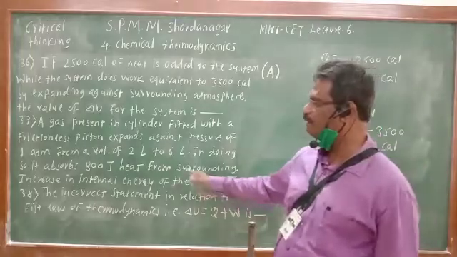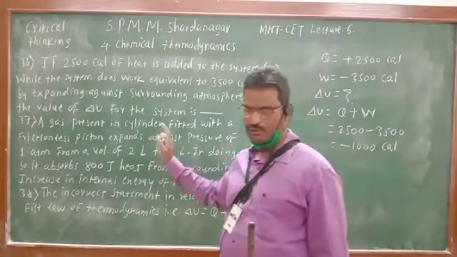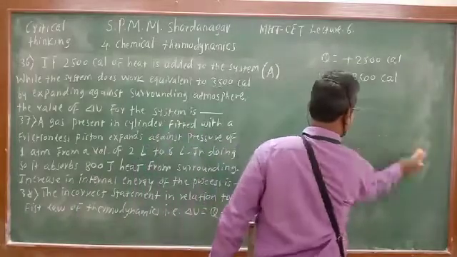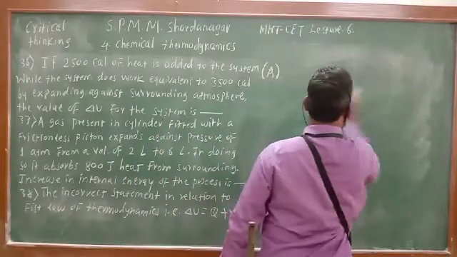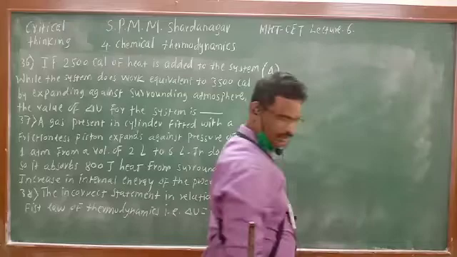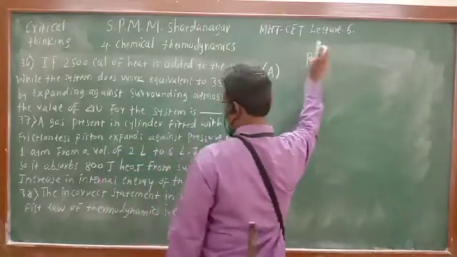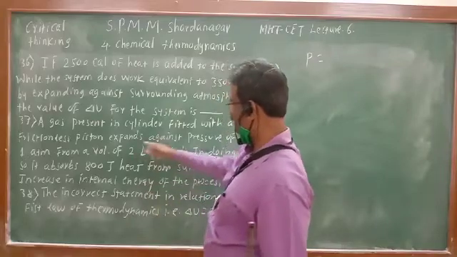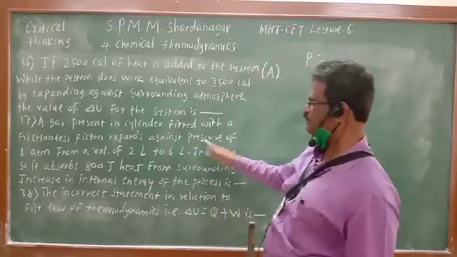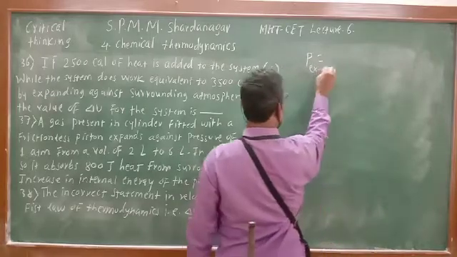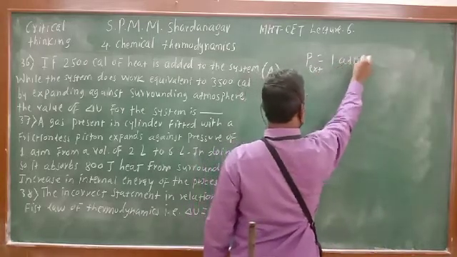So first of all, calculate the work done during that irreversible process. See here, in that process, they have given constant external pressure against pressure, that is equal to 1 atmosphere. P external will be 1 atmosphere.